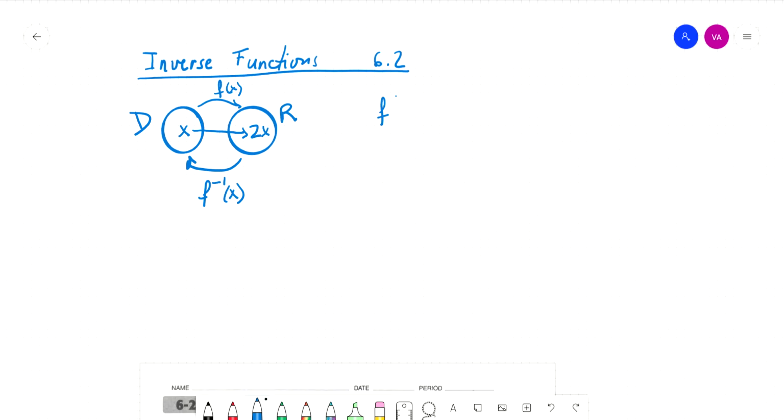So basically, f of x is going to be multiplying x by 2, and f inverse of x is going to be divide x by 2. I go backwards.